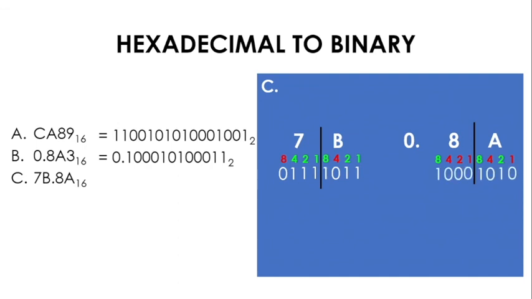And for the fractional part, we will use the equivalent 8, 4, 2, 1 for each bit starting from the left side to the right. So the binary equivalent of 7B.8A hexadecimal is 1111011.10001010.